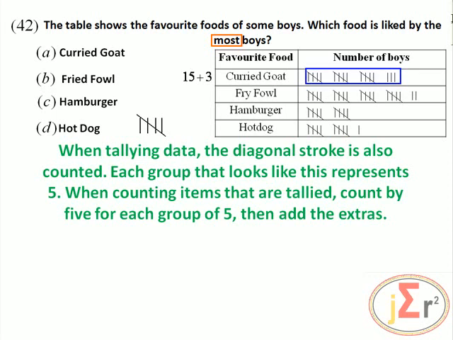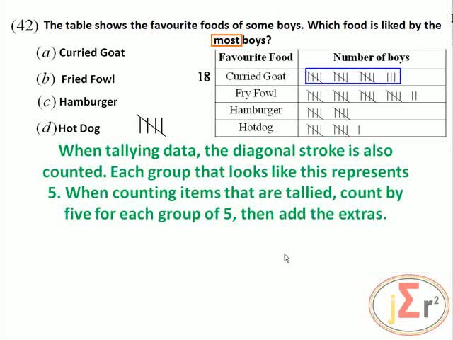So let us count each one. So we will determine the number of each one of those items of food. And the first one that we have there is curried goat. And how many boys liked curried goat? We have the groups of 5, 10, 15, and then 3, and that gives 18.